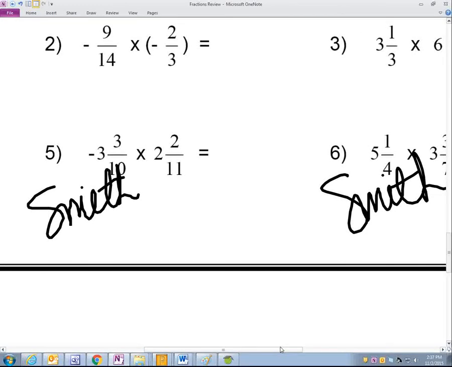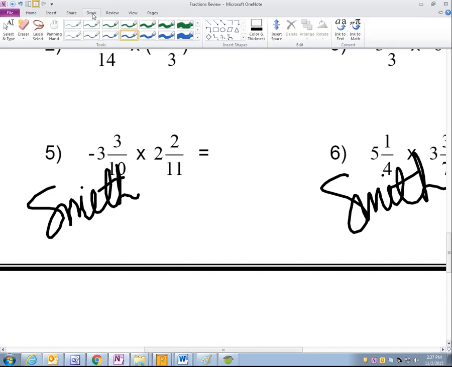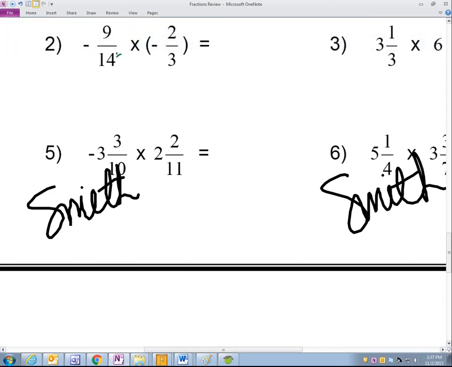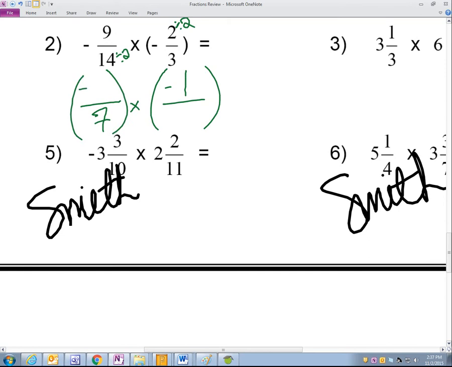This one here, we can reduce right off the bat. I can divide 14 and 2 by 2. So I'm going to rewrite those: 14 divided by 2 is 7, and 2 divided by 2 is 1. Then 9 and 3 can be reduced.